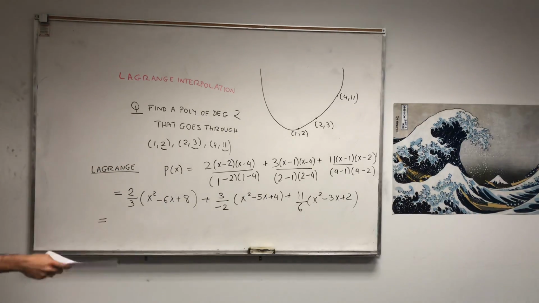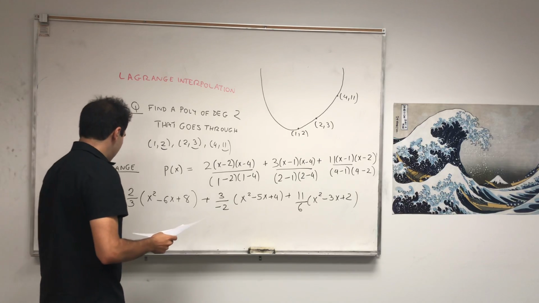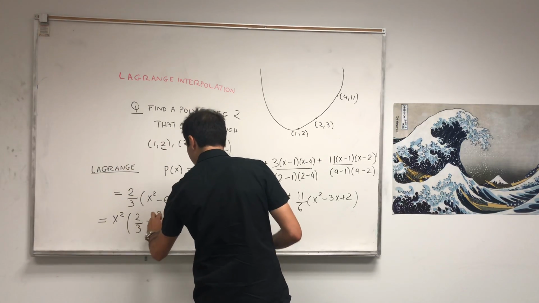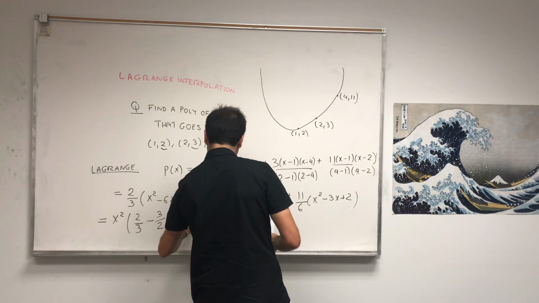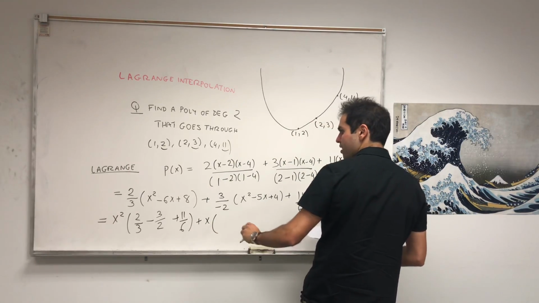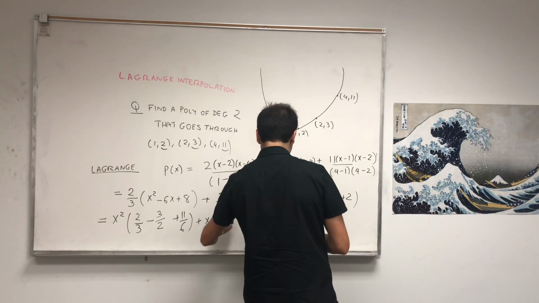And then you want something quadratic, so you factor out the x squared first. So it's x squared times 2/3 minus 3/2 plus 11/6. And then plus x times, in this case, minus 6 times 2/3, I believe it becomes minus 4.